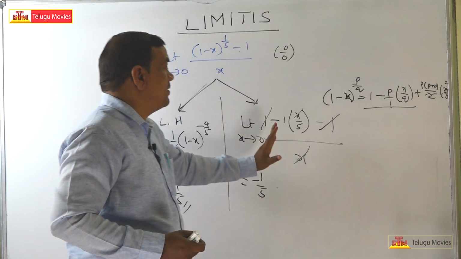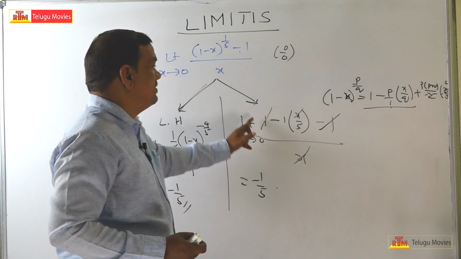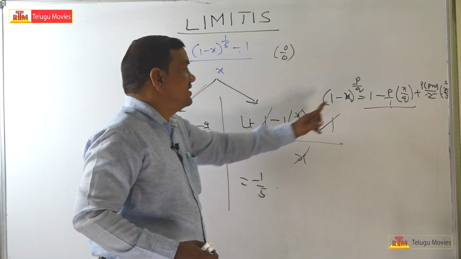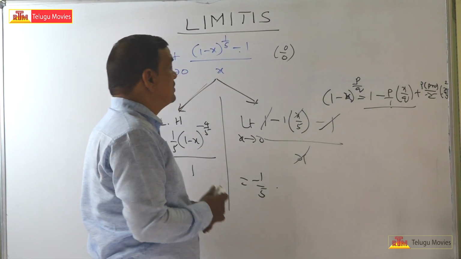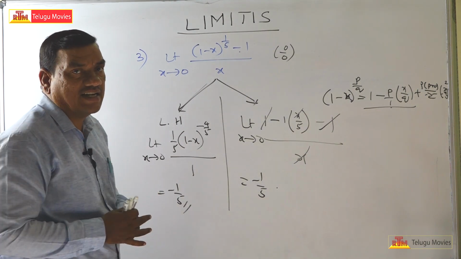So if you go for binomial theorem expansion, the first term is 1, minus, write the second term itself, enough, that is minus p by 1 factorial into x by q, that is minus 1 by 1 factorial into x by 5. No need of the remaining x square terms. Why?